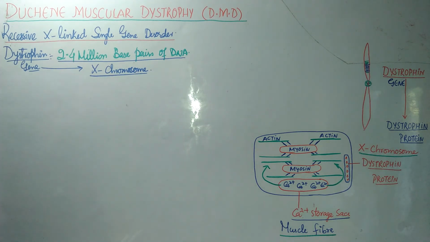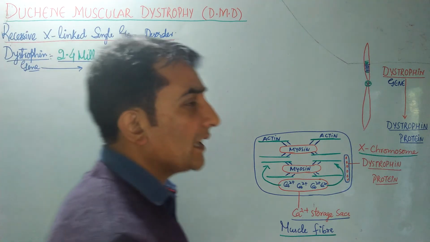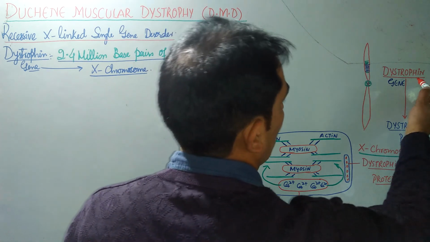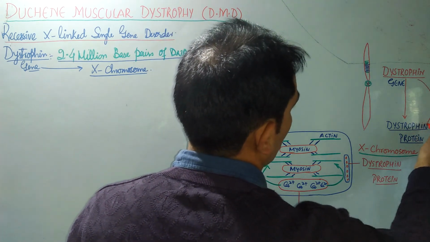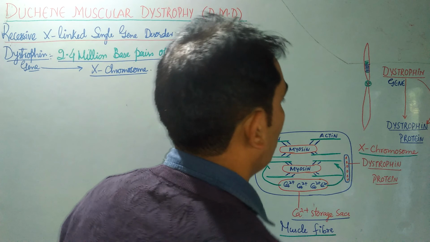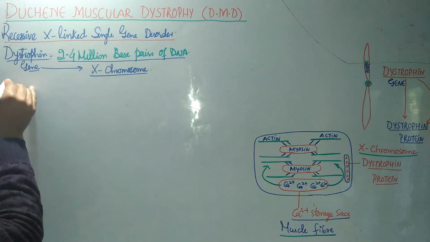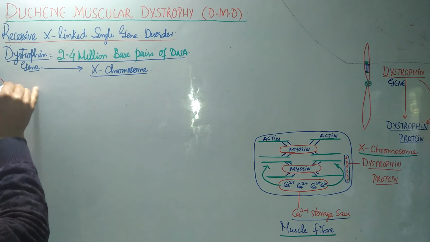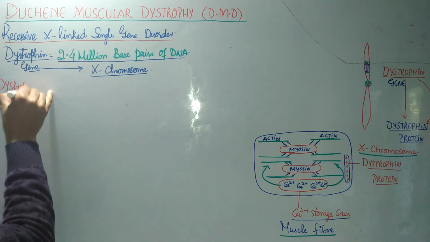We will first understand the normal functions of this gene. When this gene carries out its central dogma, it forms a rod-shaped protein known as the dystrophin protein.